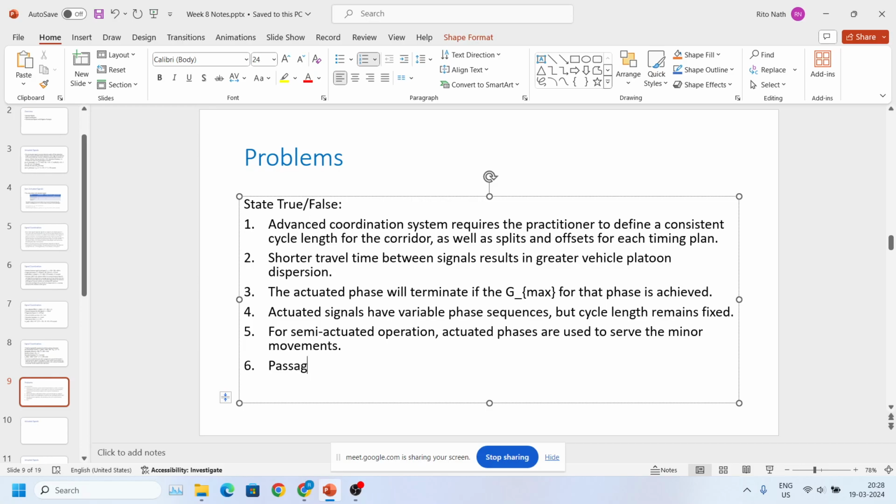And passage time should be designed such that straddling vehicles may not regain the green. Okay, so let's stick to this for now, and I'll add more on the next slide.